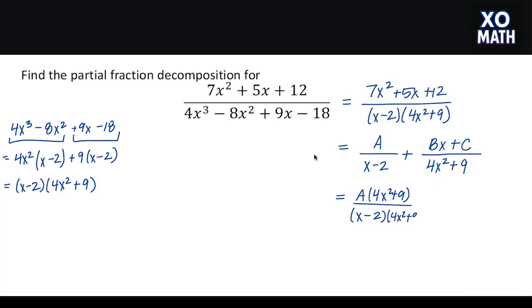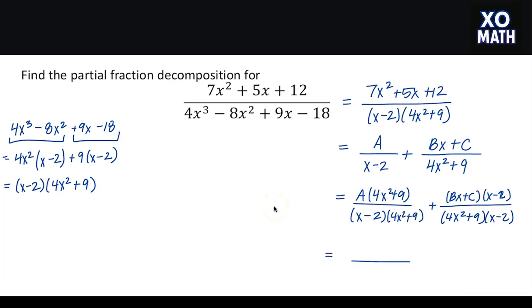And on the right side, I'll have to multiply by x - 2 on the top and on the bottom. Then I'll be able to put these together as one rational expression again, so they have the same denominator.